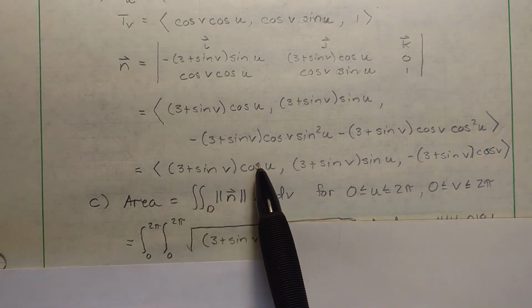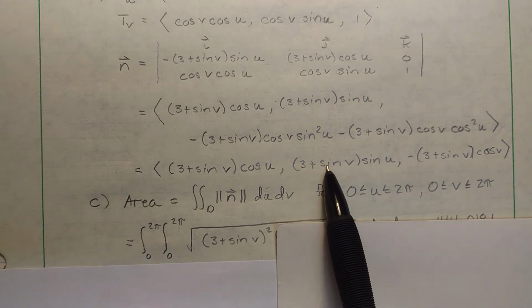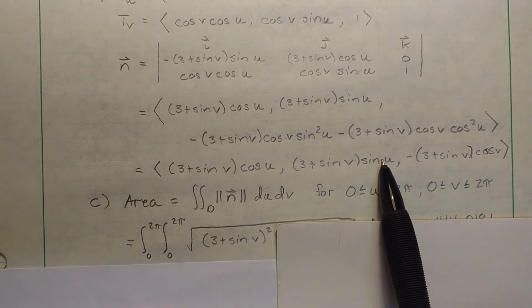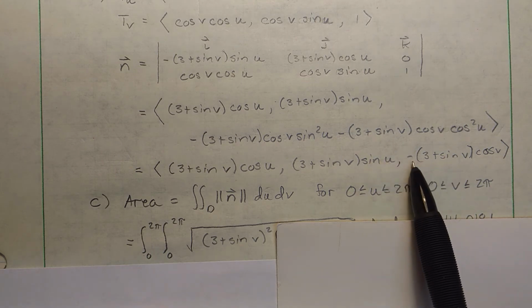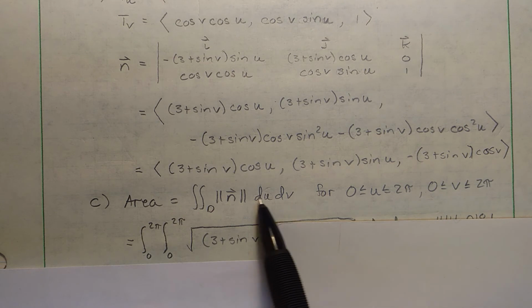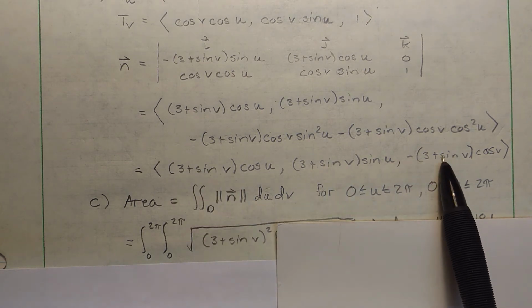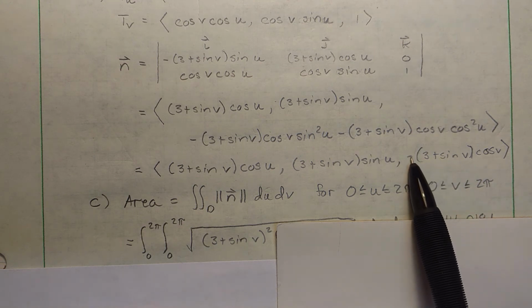When we square this, we get a cosine squared, plus we're going to have this squared, and we'll get a sine squared. And then we'll have this squared, and we'll get another cosine squared here. So notice we'll have this 3 plus sine v squared each time, and that negative will become positive.